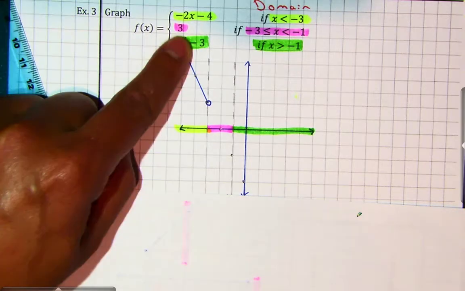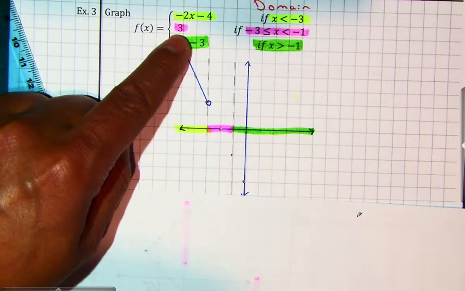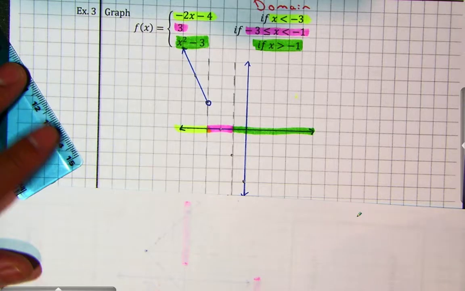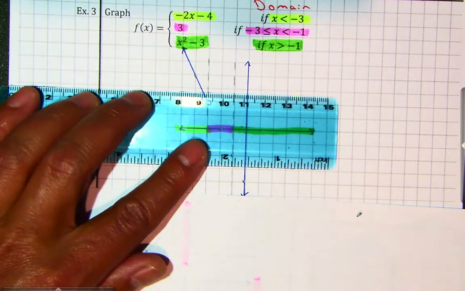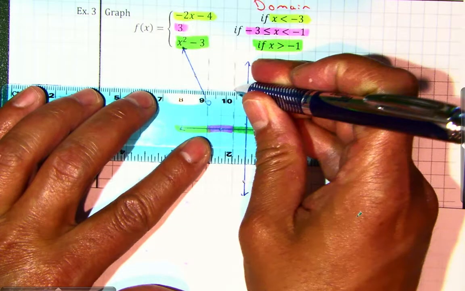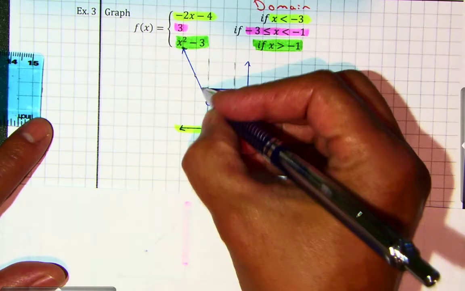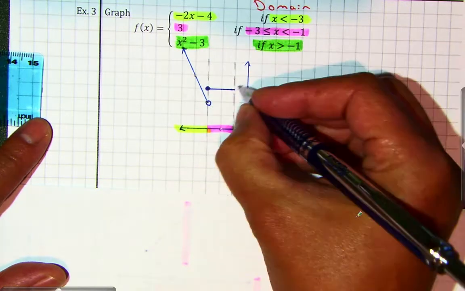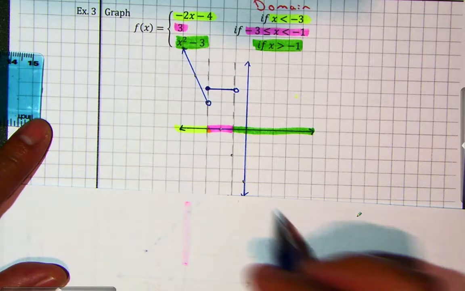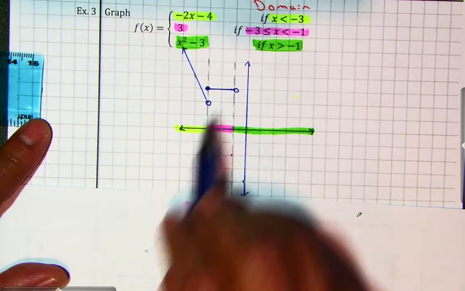What type of graph is the second one? The second one will be a horizontal line at 3, so just y equals 3, which will be here, and therefore we just have to use that part of the graph. That's going to be closed, and that's going to be open. So our -3 is going to be closed, and our -1 is going to be open.